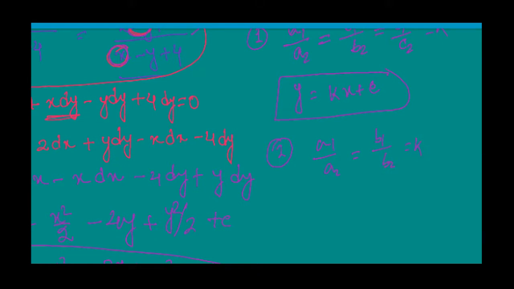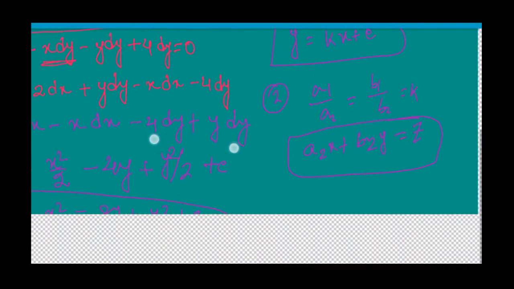then the differential equation can be reduced to variable separable form by substituting a2x + b2y = z. This is the substitution method.